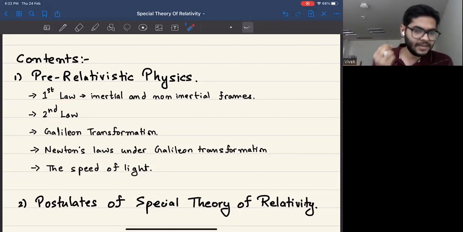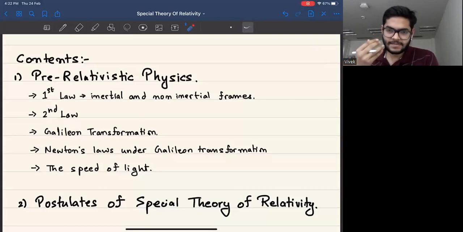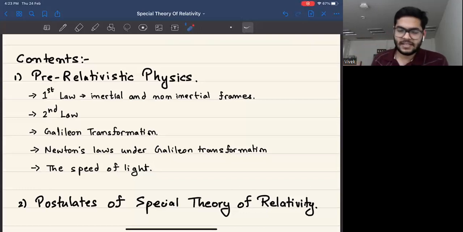There were some experiments conducted in the beginning of the 20th century, and we will also see that there were some inconsistencies of these laws of motion with Maxwell's equations.